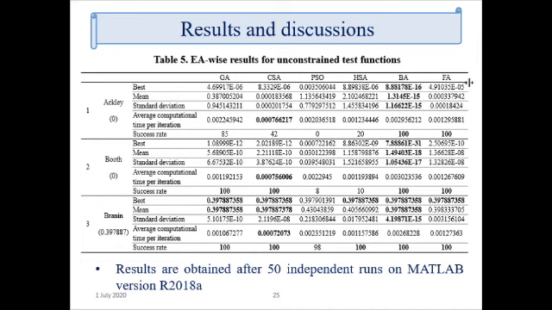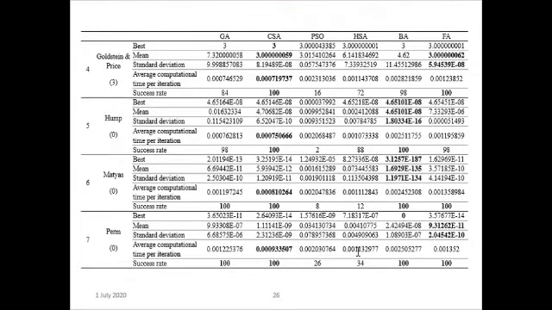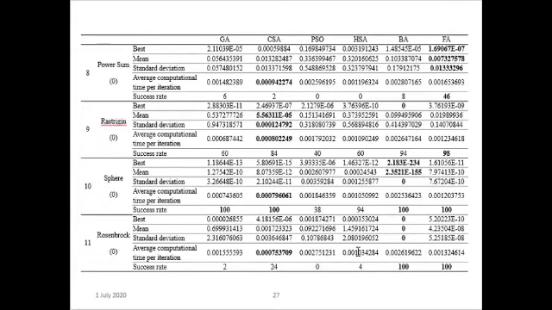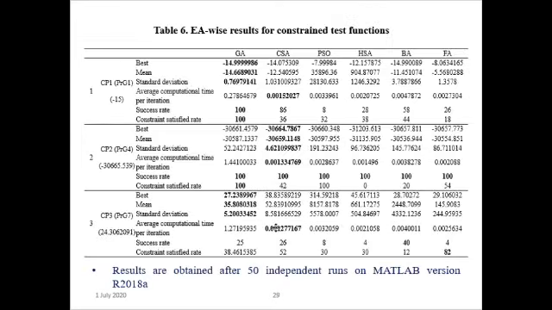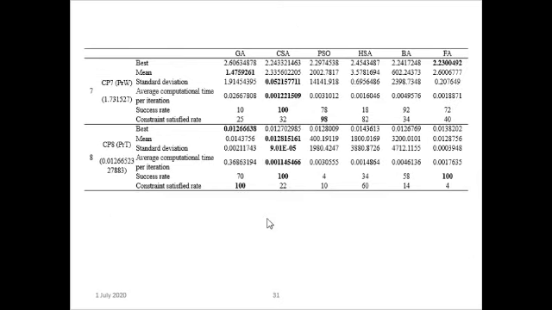The data is stored in separate Excel sheets, and various statistical analyses are performed, a few of which are currently visible on the screen. The bold values in this table represent the best value among the others. These are for the constrained test functions. Again, bold values represent the best values.